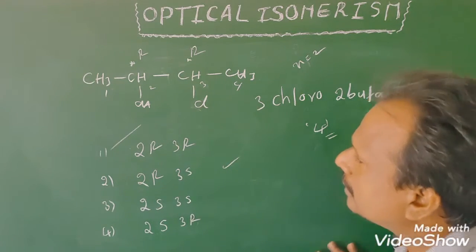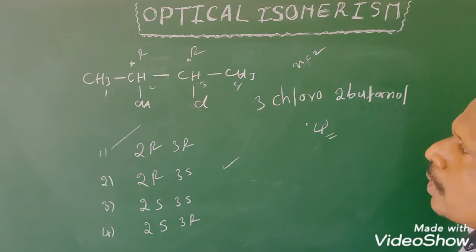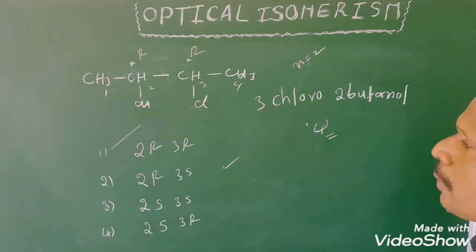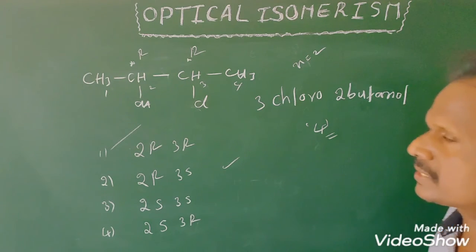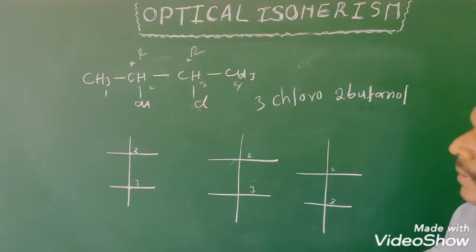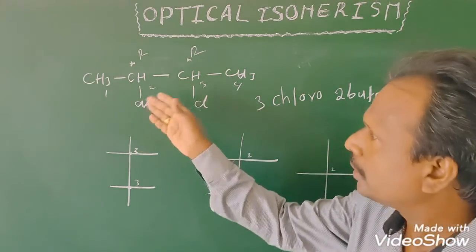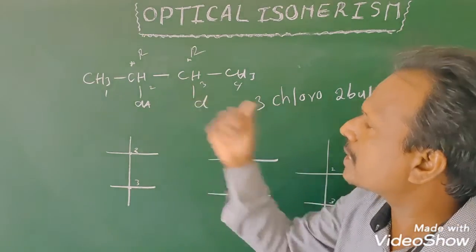These are the names. How can you represent these isomers in Fischer projection? We draw the Fischer projections of the 4 optical isomers of this compound.